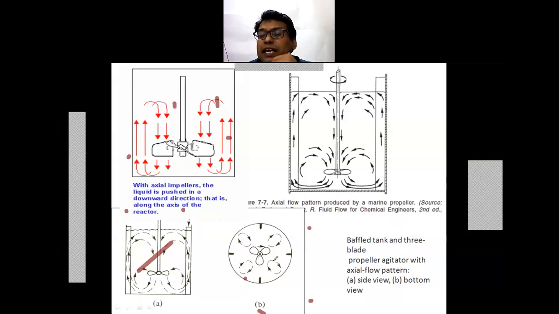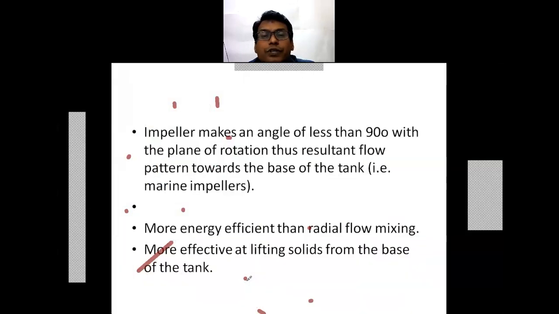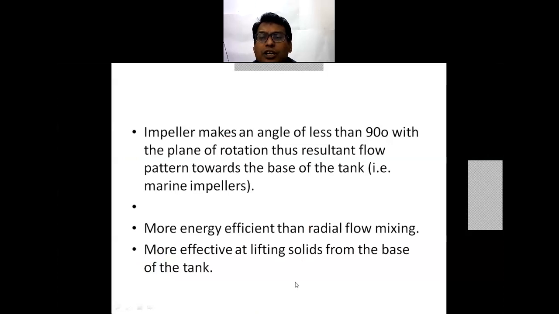This is the baffled tank with three blades, the propeller agitator, with the axial flow pattern that is generated. One is the side view and the second is the bottom view. The impeller makes an angle of less than 90 degrees with the plane of rotation. Thus the resultant flow pattern is towards the base of the tank, which is more energy efficient than radial flow mixing.